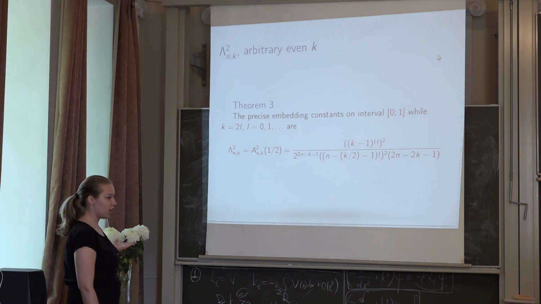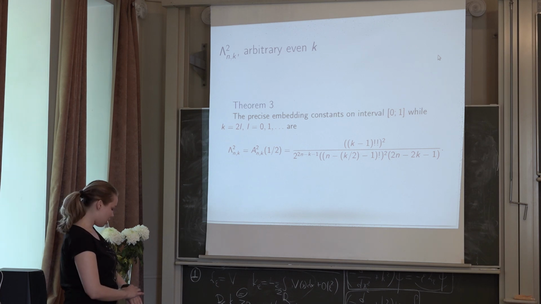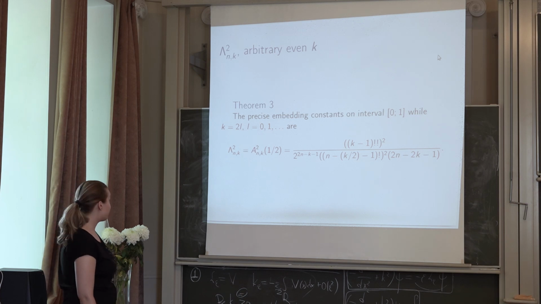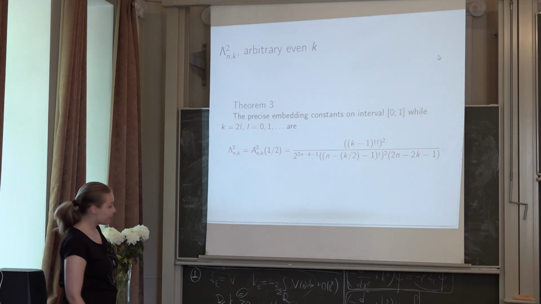And these are our embedding constants. So now we know something about the global maximum of a_nk, and we know the embedding constants in the case of even k. Okay, we have two more questions. What is the general form of a_nk? And what can we say about the case of odd k?